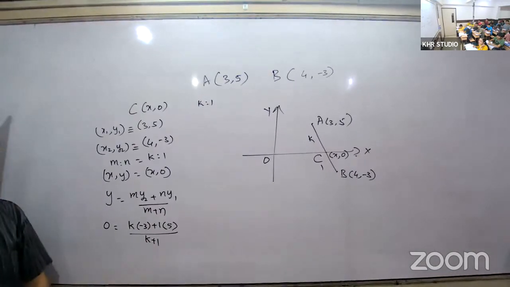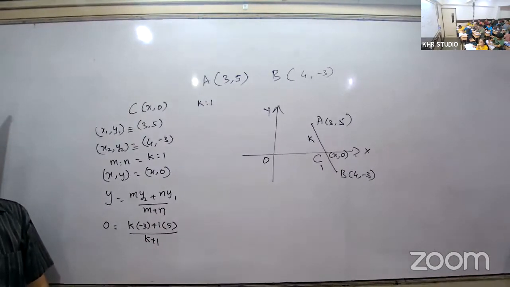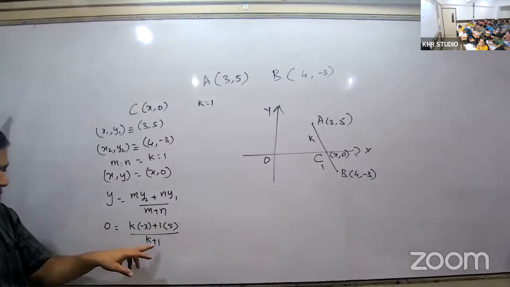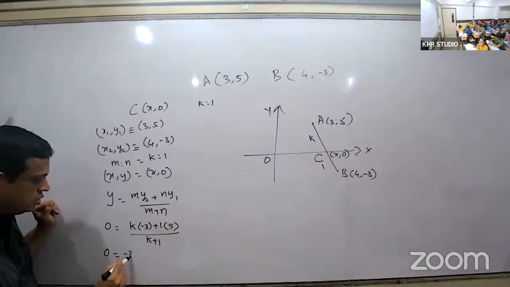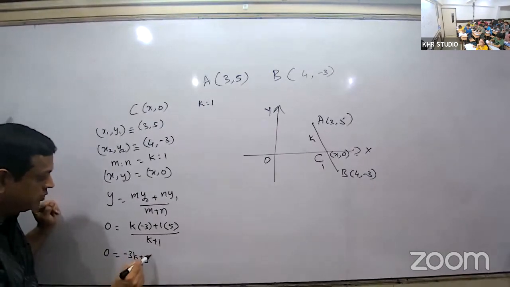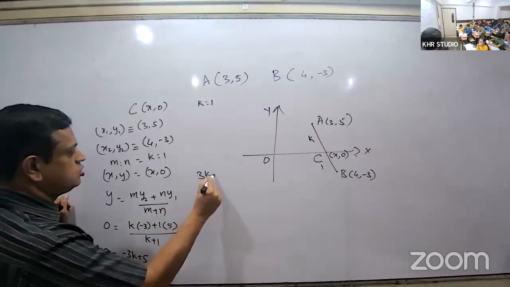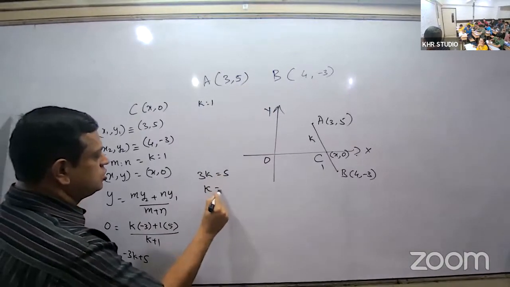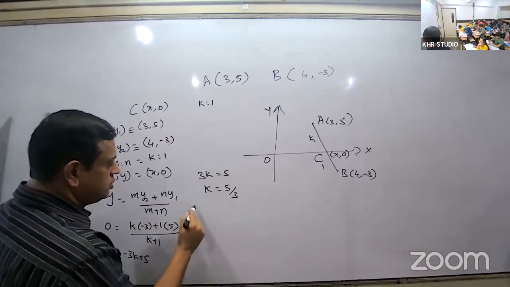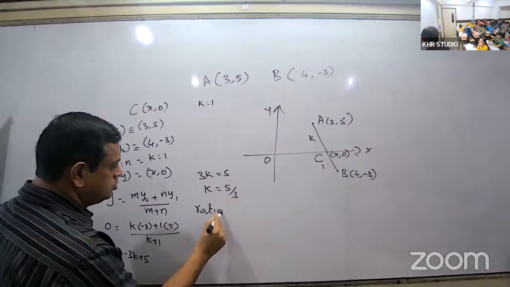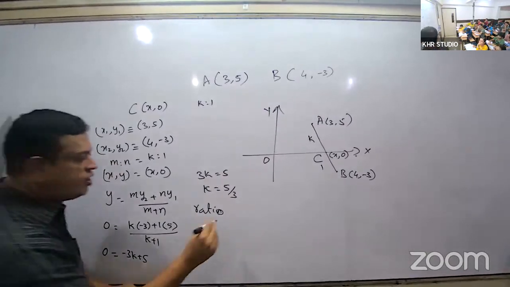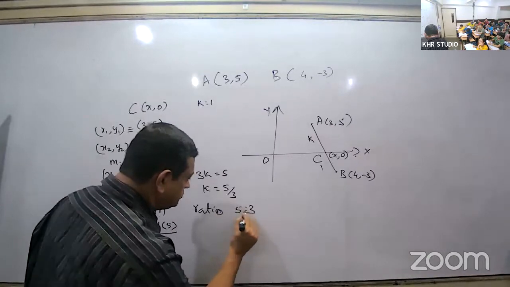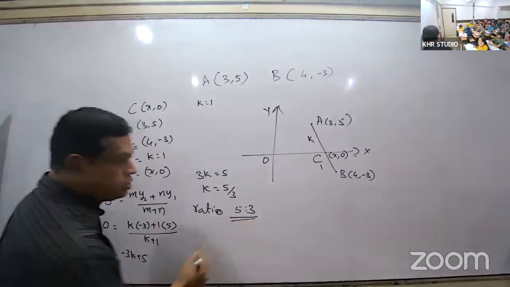Is this much clear? Yes. Cross multiply. 0 into (k plus 1) is 0, equal to minus 3k plus 5. That is 3k is equal to 5. k is equal to 5 upon 3. Therefore, what is the ratio? 5 by 3 is to 1, which is same as 5 is to 3. That is the first value.